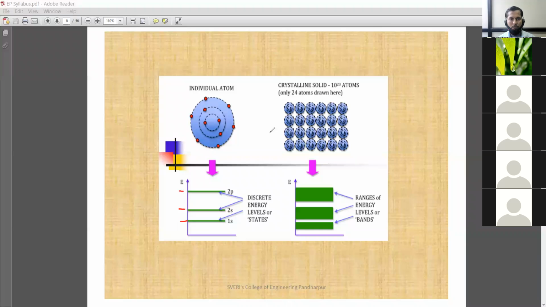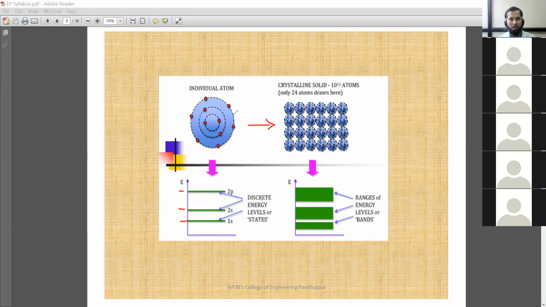So before moving to this, let us go progressively towards this figure. For a single atom, these energy levels are there and electrons are present in them. Above energy levels are also there, which are partially filled or empty.